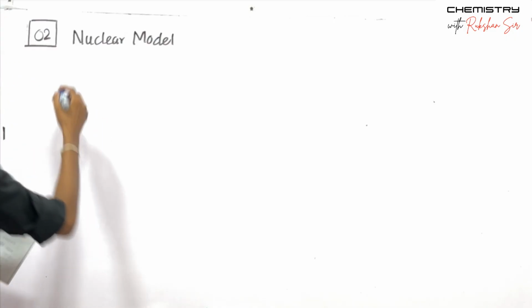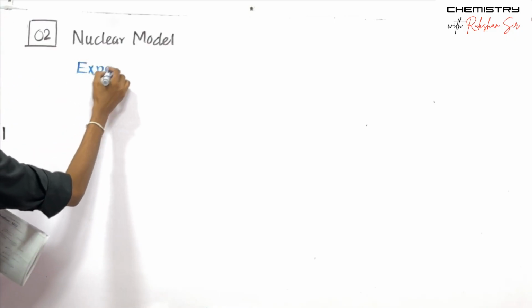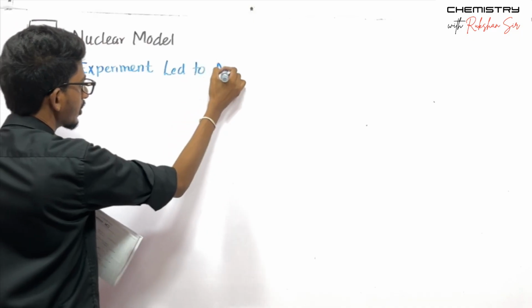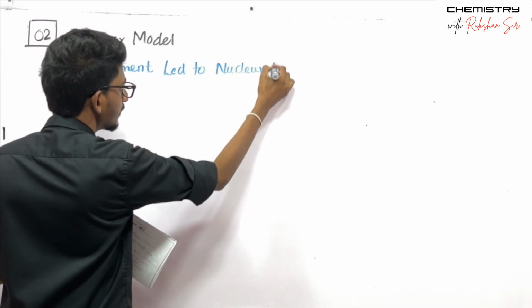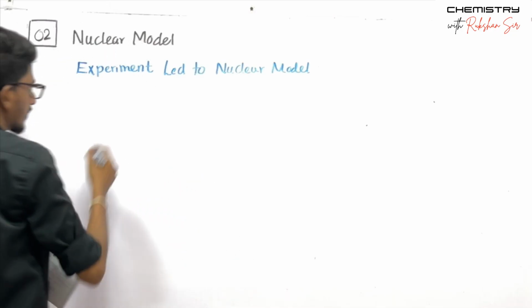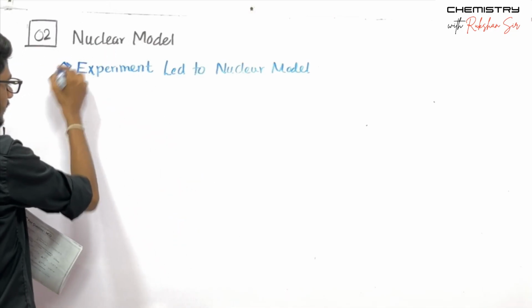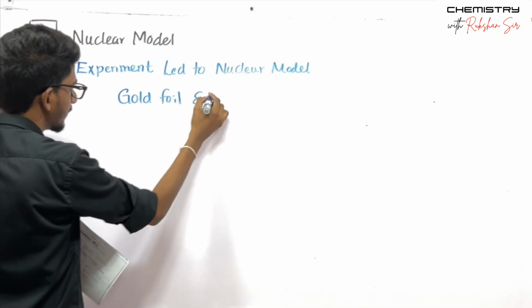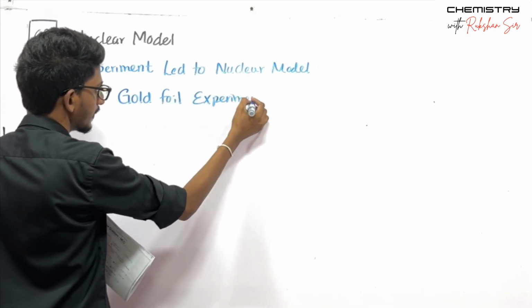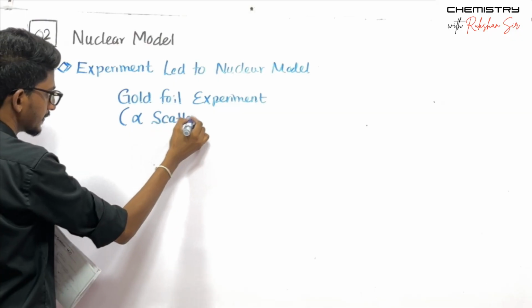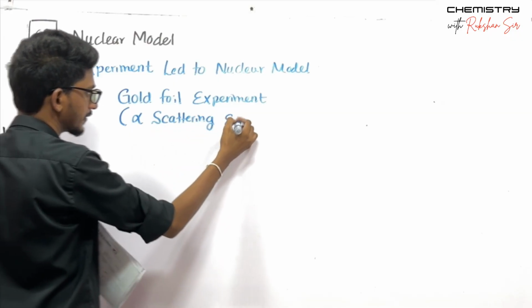What was the experiment that led to the nuclear model? That is the gold foil experiment, or one can say the alpha scattering experiment.